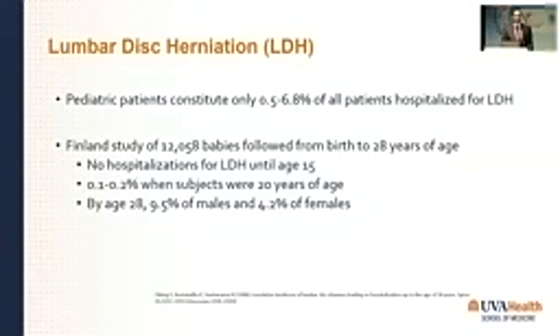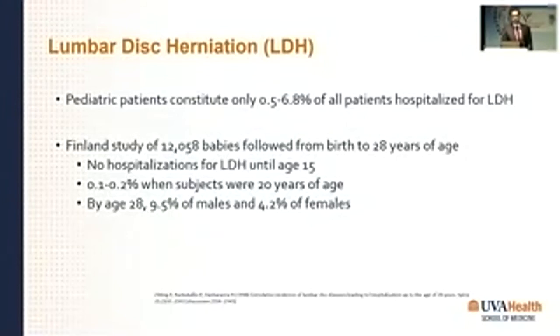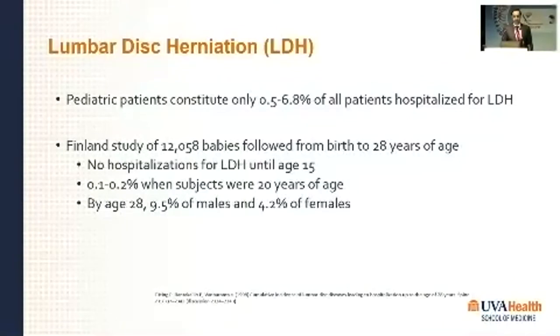A Finland study of 12,000 babies followed from birth to 28 years of age showed that there were no hospitalizations related to disc herniations until the age of 15. Still then, about 0.1 to 0.2% of subjects were affected at 20 years of age. By age 28, 9.5% of males and 4.2% of females are found to have disc herniations.